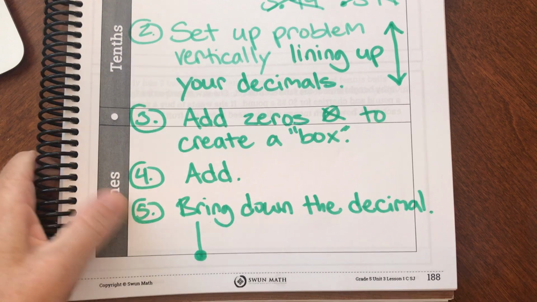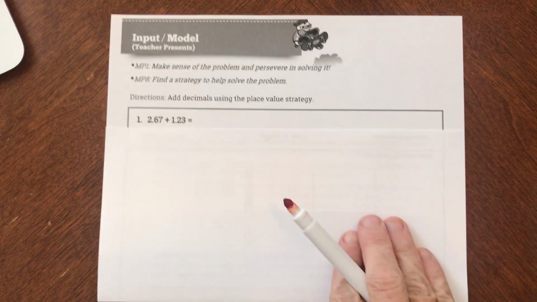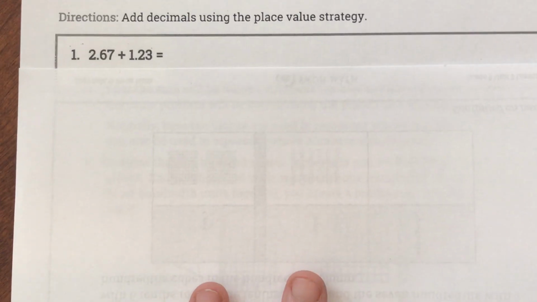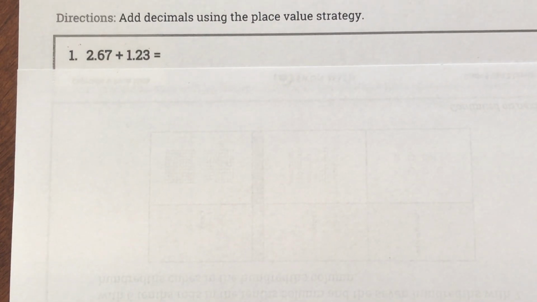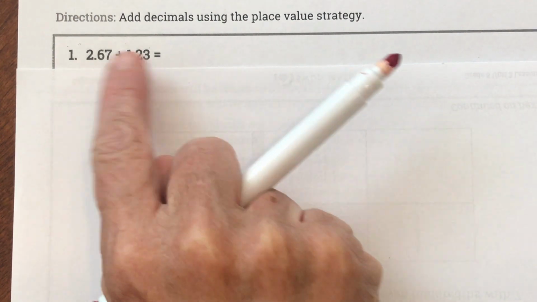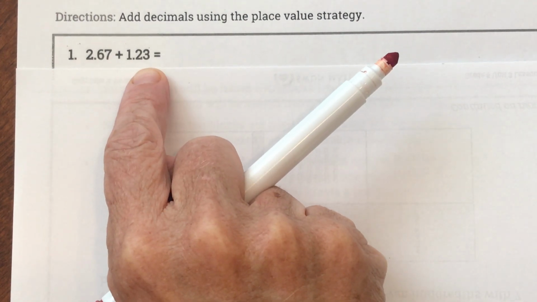Here is my first problem, and follow along with your steps to make sure I'm following them. My first problem is 2 67/100 plus 1 23/100 equals. My first step says add a decimal to the end if needed. Both my addends have decimals, so I don't need to do that.